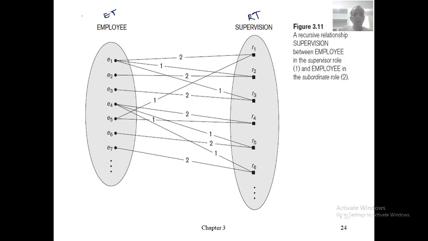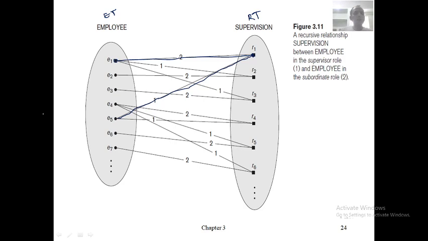See here now, how? Here employee 1 will be there. Don't worry about the 2 and all. This employee has a relationship. Who is the supervisor? That supervisor is E5. E5 is supervising employee 1.